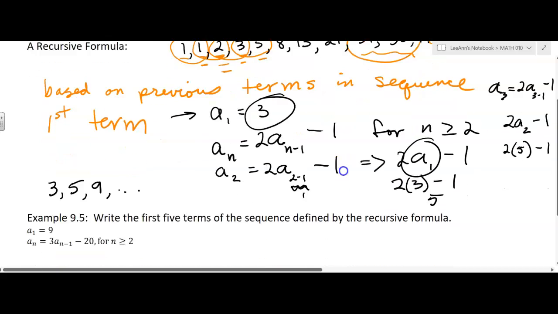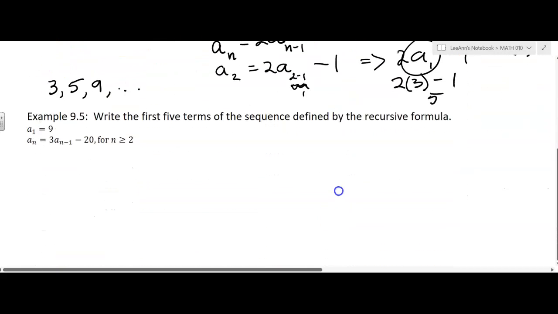Okay, so now here's an example. Write the first 5 terms of the sequence defined by the recursive formula. The first term is 9. Great. To find the second term, it's going to be 3 times a sub 2 minus 1. I'll just write it this time, but on the next one, I'm not going to want to write it.